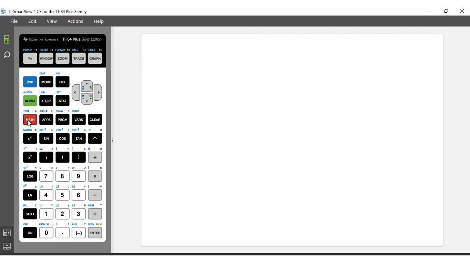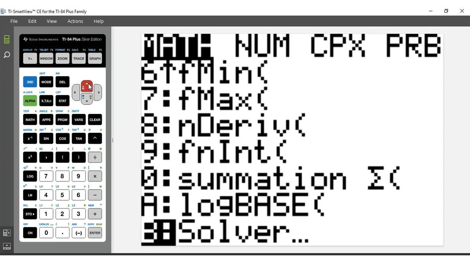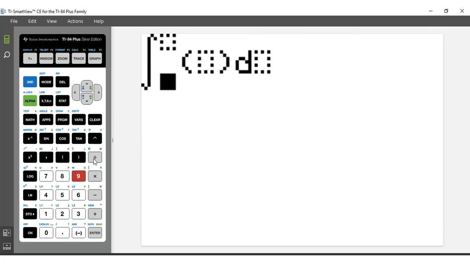If you go to Math, then use this up arrow, you could say the very bottom is the equation solver, log base, summation. This is a definite integral. This is a derivative. So Math 9 will go to this definite integral.